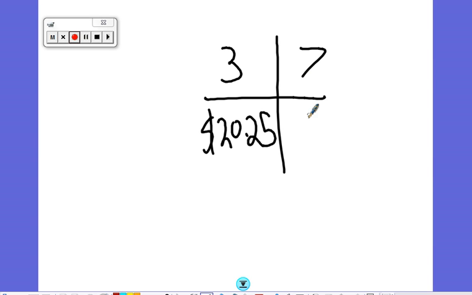That's 3 over 20.25 equals 7 over, I don't know, C for candy bars cost.